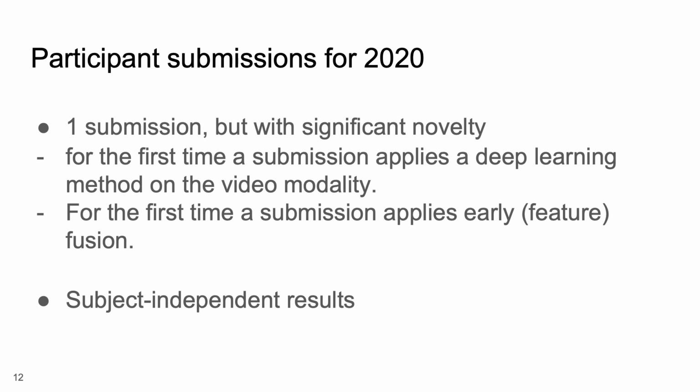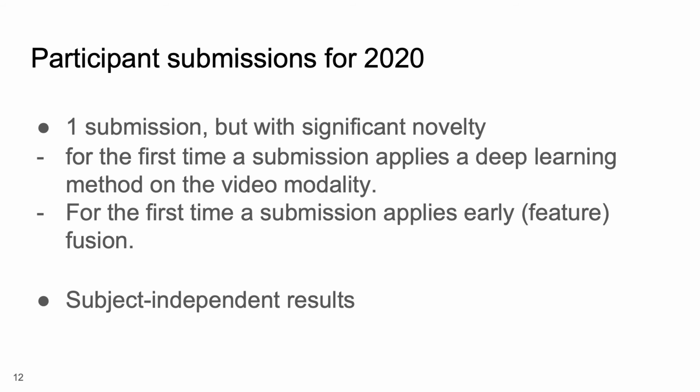And then we have, for the first time, a submission that applies early feature fusion, which is also something where most previous submissions had only done late fusion, so score fusion. We now have a submission that looks into fusion at the feature level.